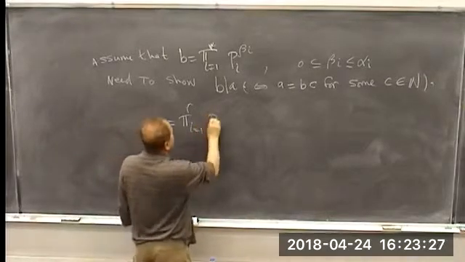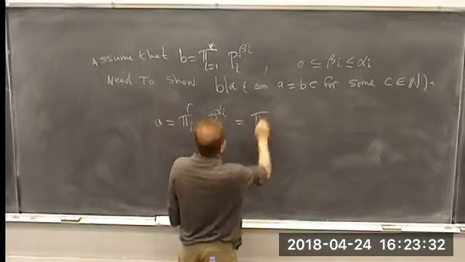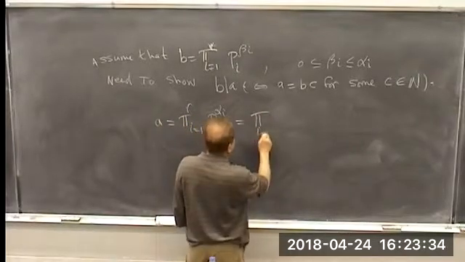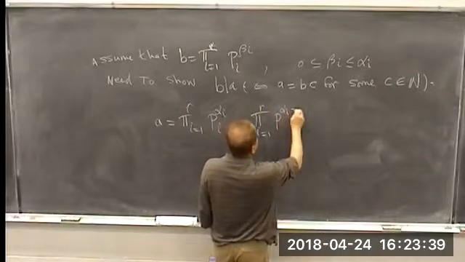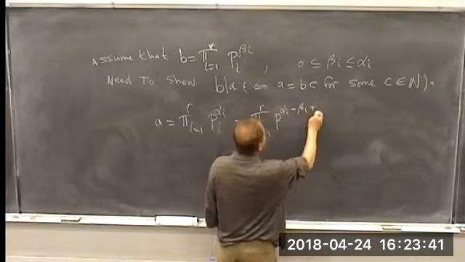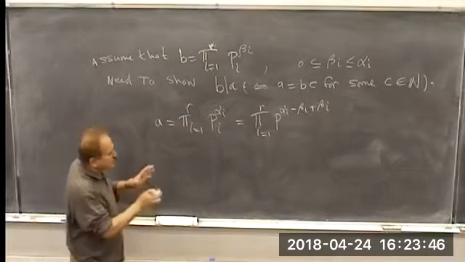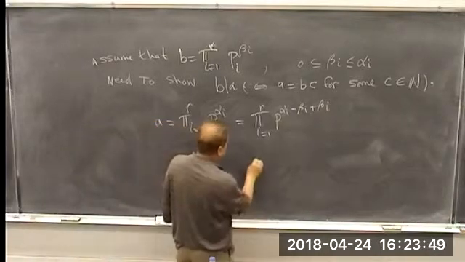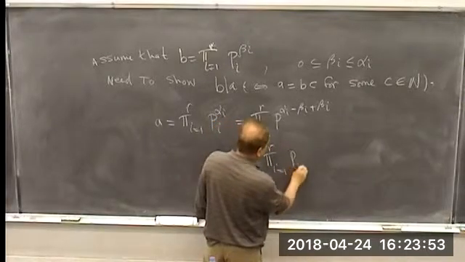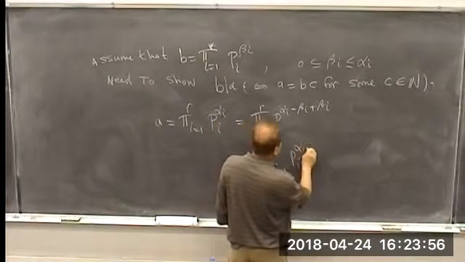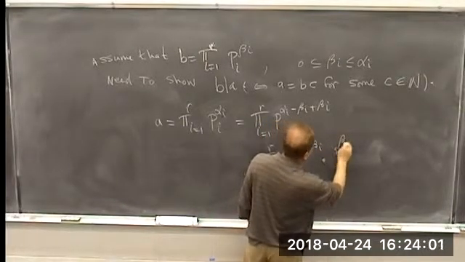So this is equal to the product of p_i to the alpha_i. Now this is the one where I want to add and subtract beta_i. So this is alpha_i minus beta_i plus beta_i. And then I'm going to separate this into two products. First of all, the exponent, I can put alpha_i minus beta_i plus beta_i.